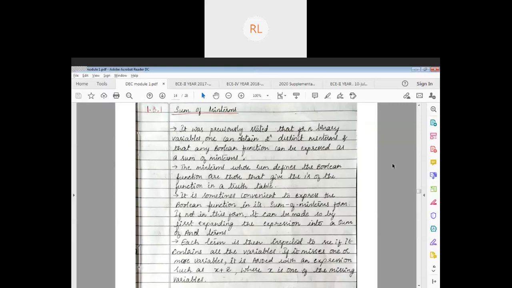It was previously stated that for n binary variables, one can obtain 2 raised to n. Which means suppose you have a 2-bit combination, so 2 raised to 2, which is 2 into 2. So I will have 4 combinations. What are those 4 combinations? Can someone tell me?